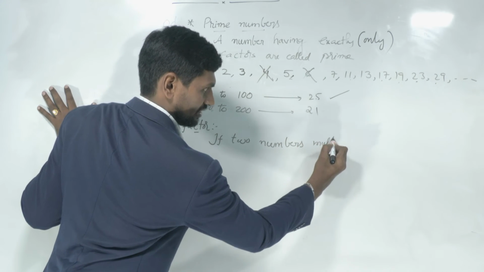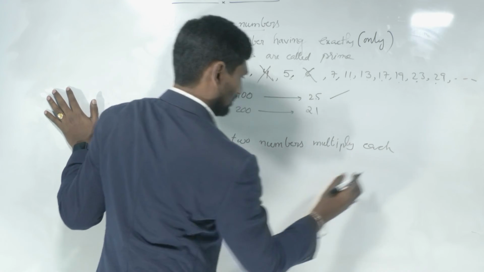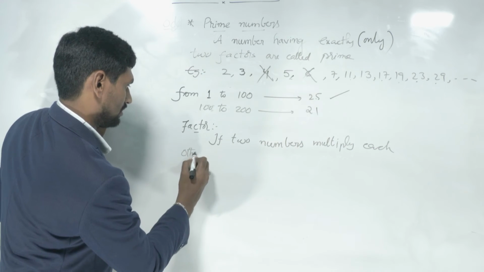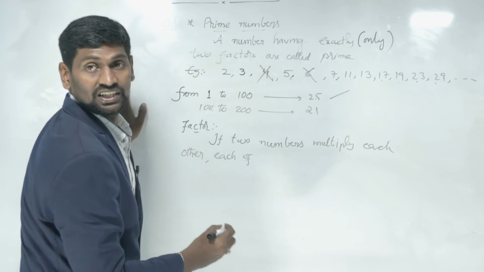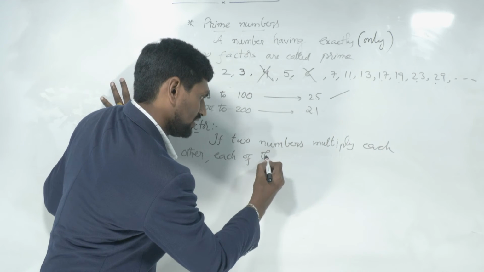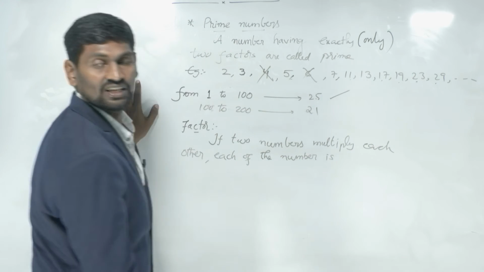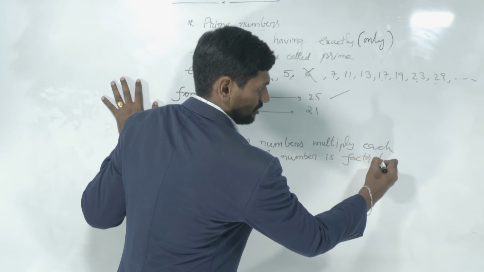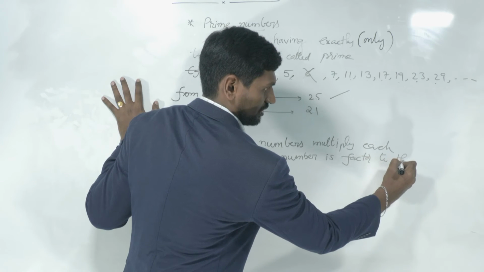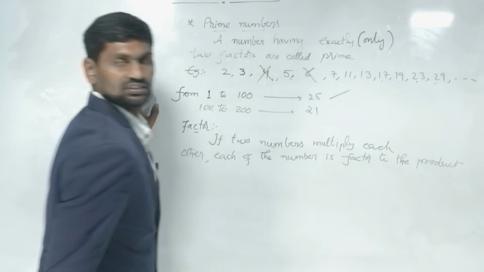Multiply each other. Each of the numbers is a factor of the product.